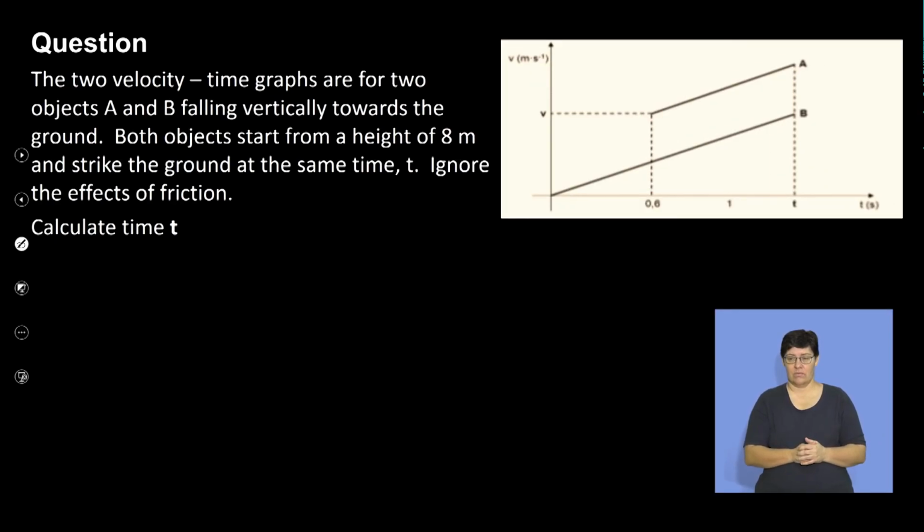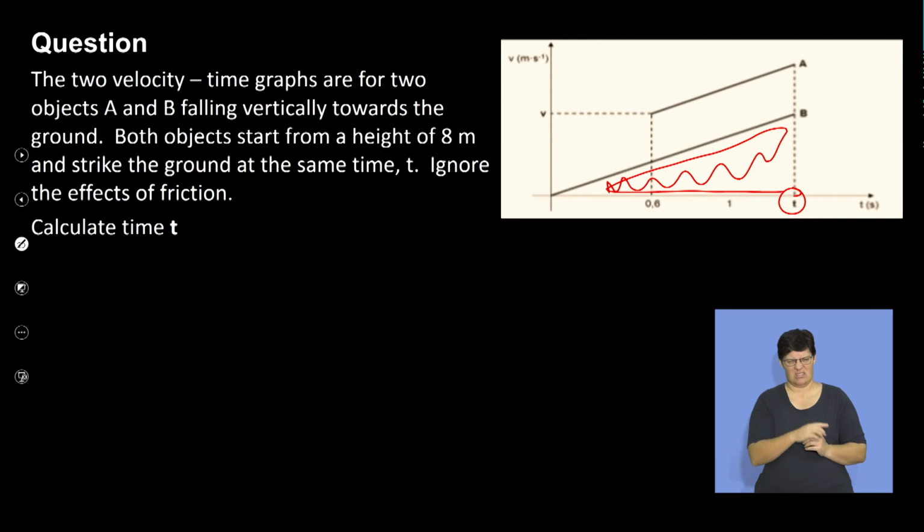Now they say, calculate T. Okay, I want that time. Now, here life gets a little interesting for us, because we don't actually have, well, they start from a height of 8, okay? This isn't really so difficult. They both started from 8, which means, well, this is not a nice question actually.